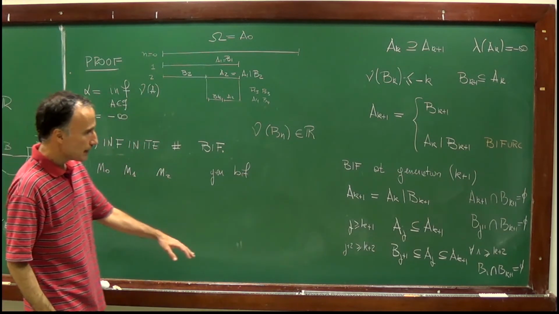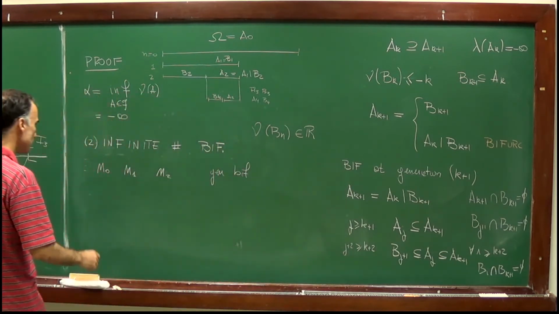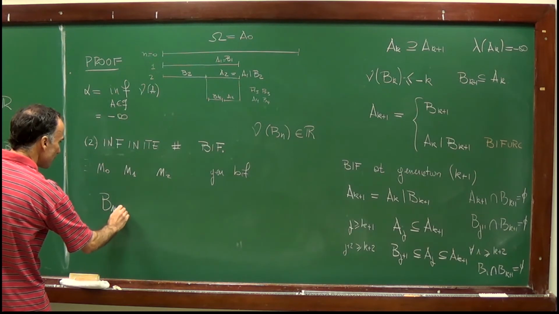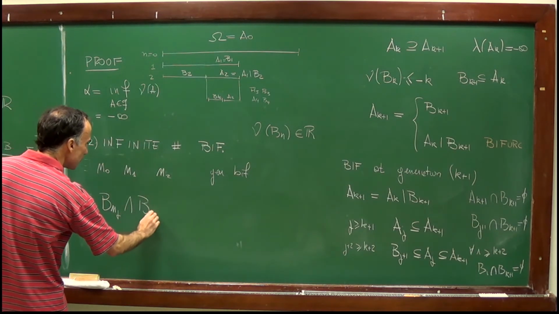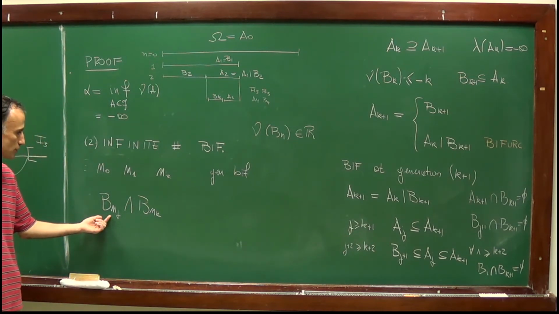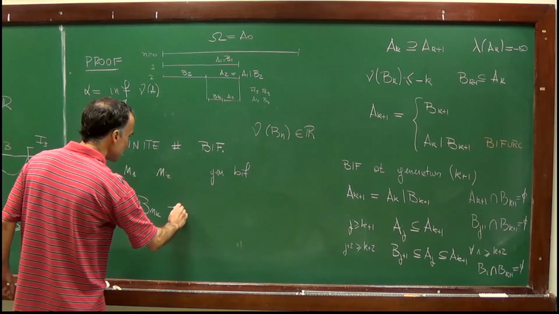Well, by this argument, which I just proved, we know that this sequence Bnj is a sequence of disjoint sets. So if I take the intersection of Bnj and Bnk for j different from k, this is empty.